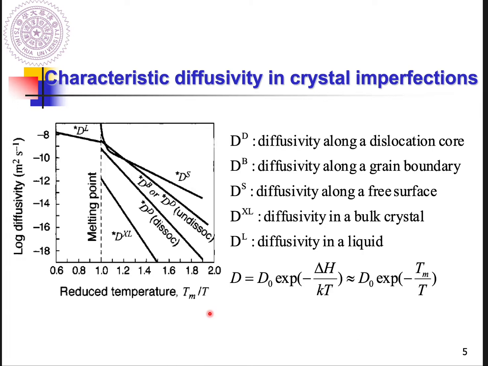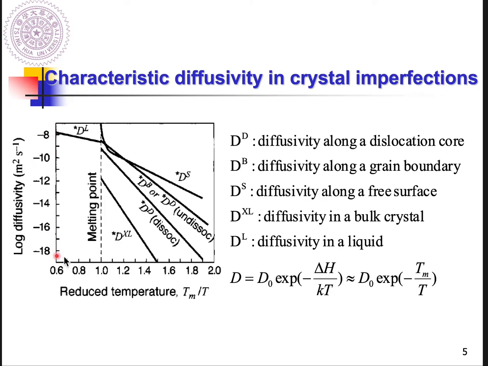This slide is the characteristic diffusivity in crystal imperfections. Here we talk about diffusivity in the bulk crystal, diffusivity in dislocation, and diffusivity along grain boundary and free surface.